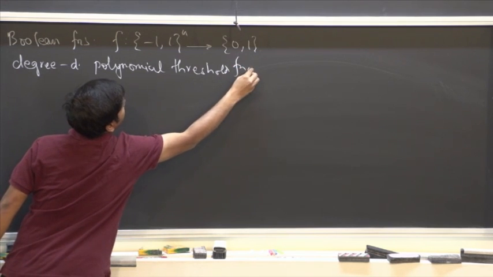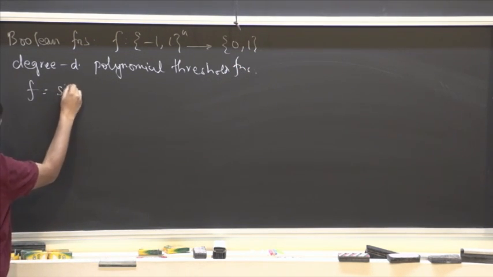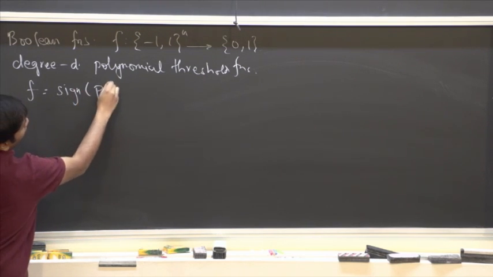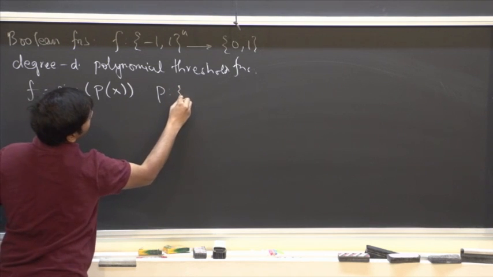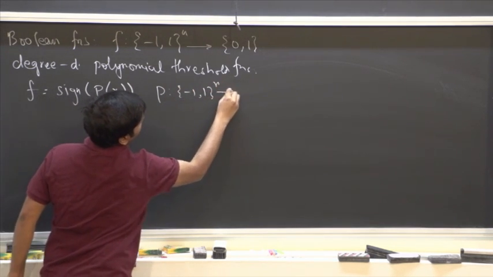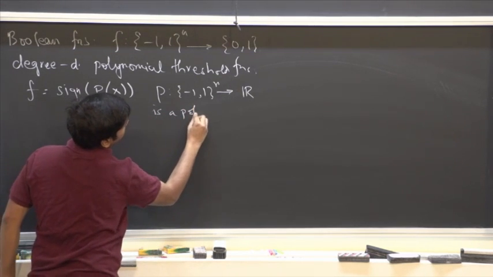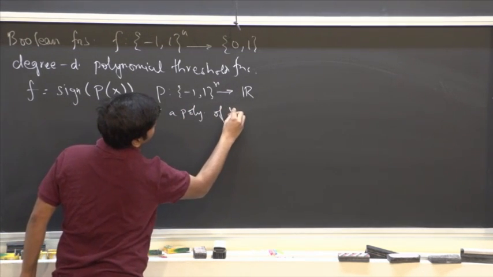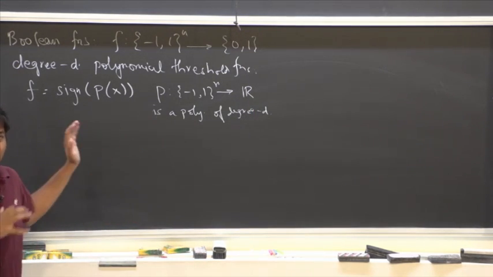These are just functions of the form f equals sign of p, where p, a map from {-1, 1}^n to R, is a polynomial of degree D. So this is what is meant by a degree D polynomial threshold function.